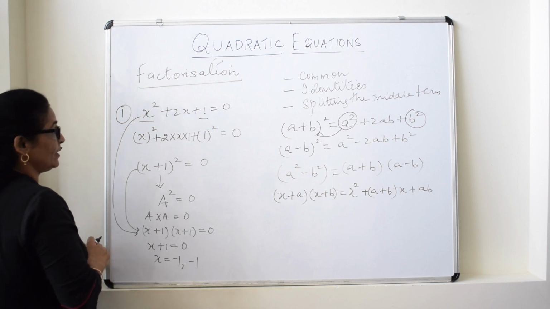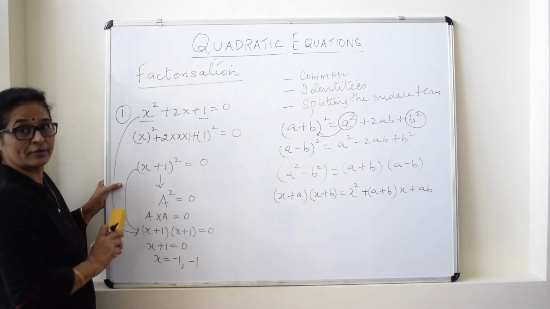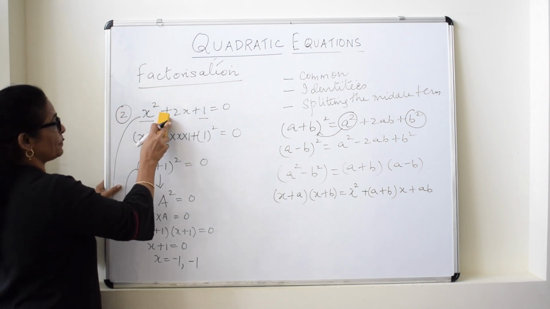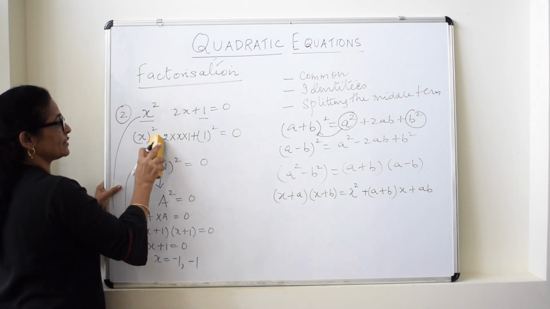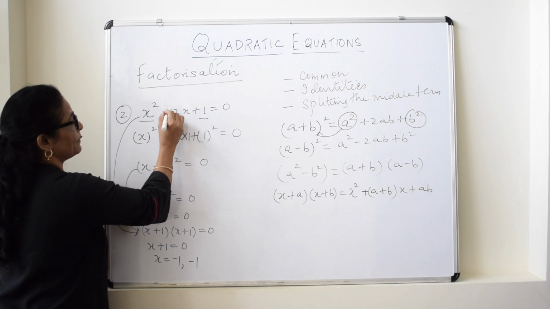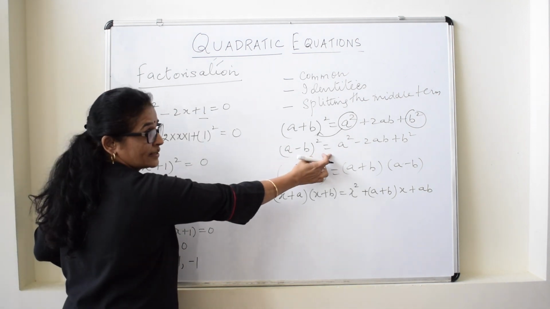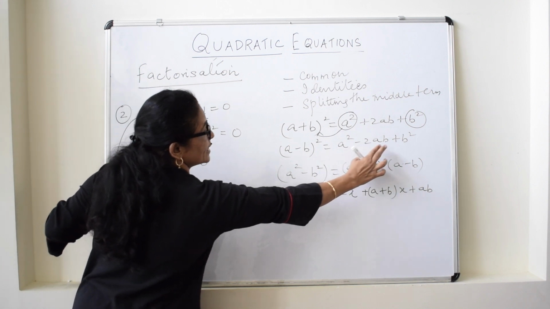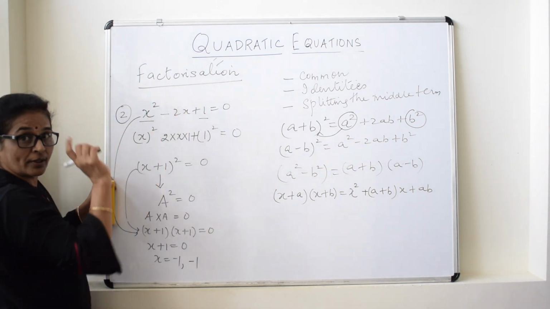Similarly, if I simply change the same question and instead of this plus, it is minus, and you compare it with the second identity, this is given as the expansion a square minus twice ab plus b square. So only one sign will change.